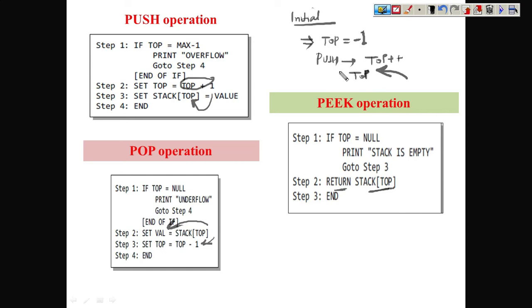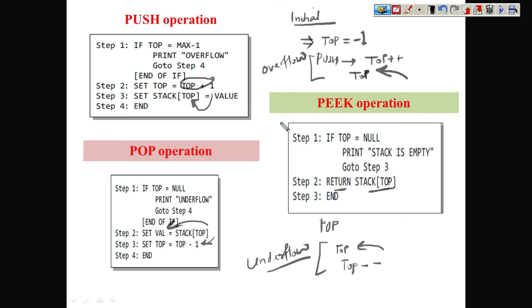Also in the push we check for the overflow. In the pop, you take the value from the top, and then you decrement the top variable, and you check the underflow. So these are the few points that you have to keep in mind when you are implementing your stack using an array. In the next part, we will see how to implement the stack using a linked list.